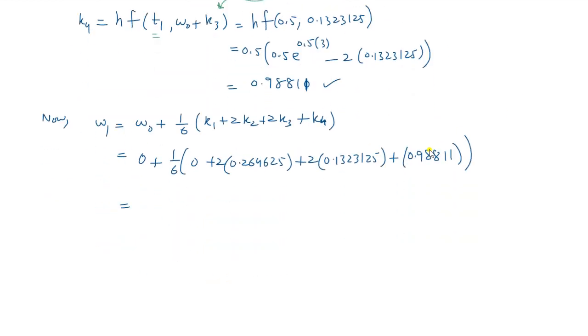So I can now multiply 2 into 0.264625 plus 2 into bracket 2 into 0.1323125 bracket plus 0.98811.